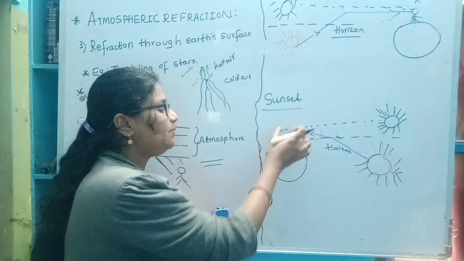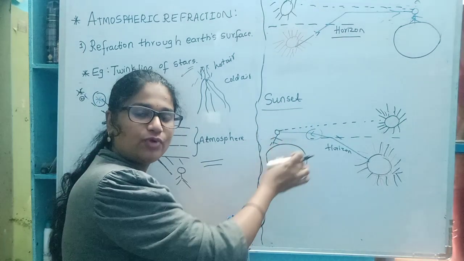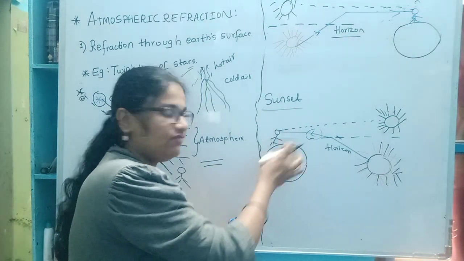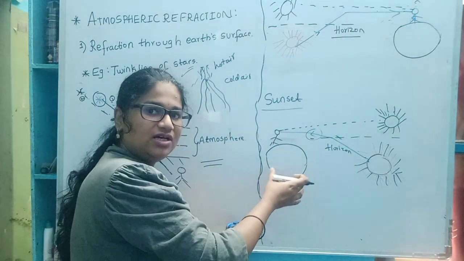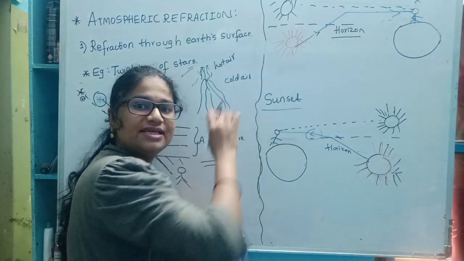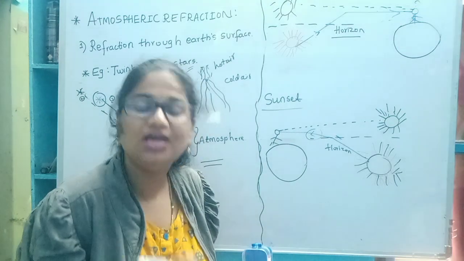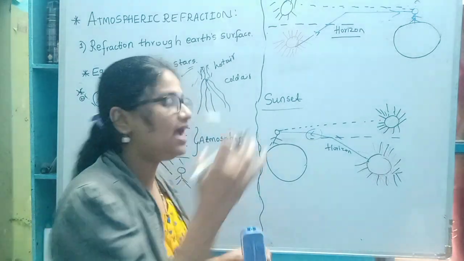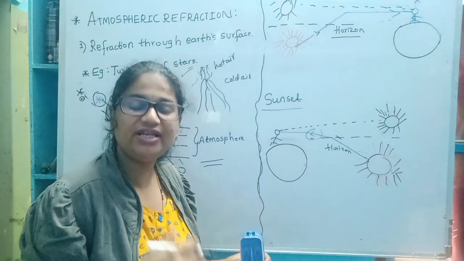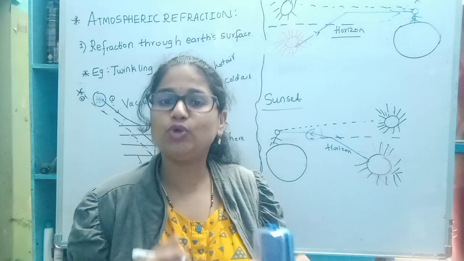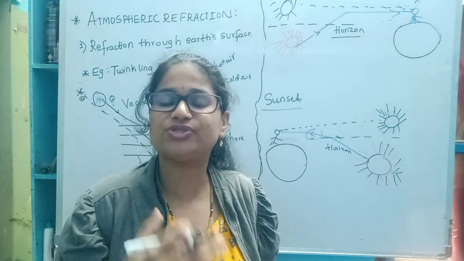So it is due to the multiple refraction of the sunlight rays occurring in the atmosphere that we see the sun even 2 minutes after the sunset, and sunrise also. Even 2 minutes before a sunrise, we are able to see the sun.